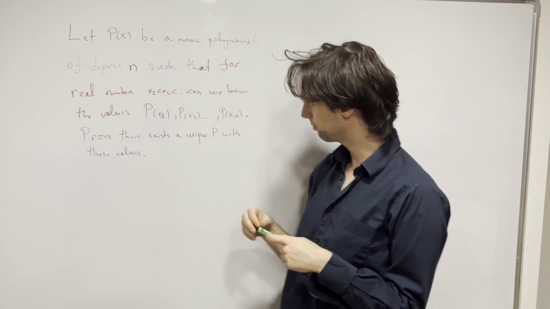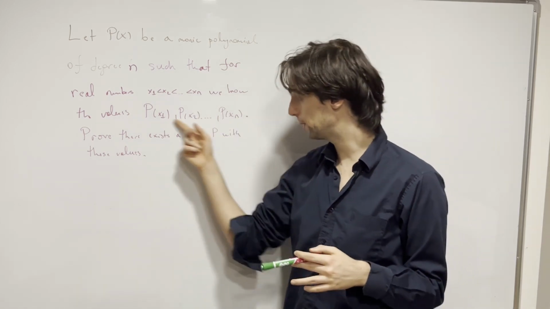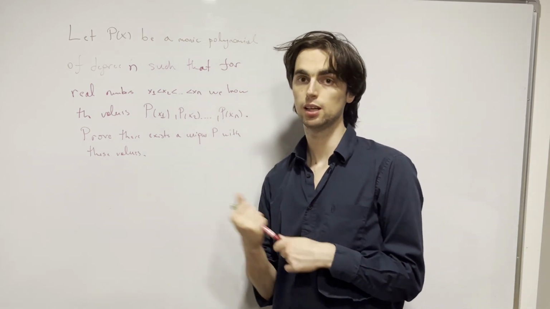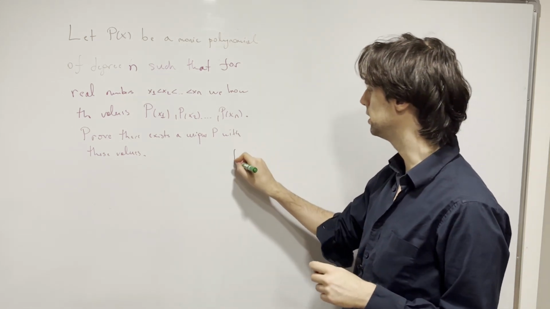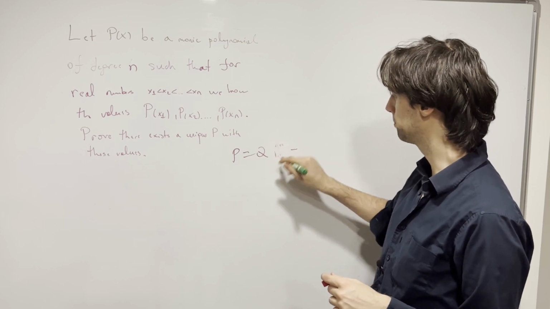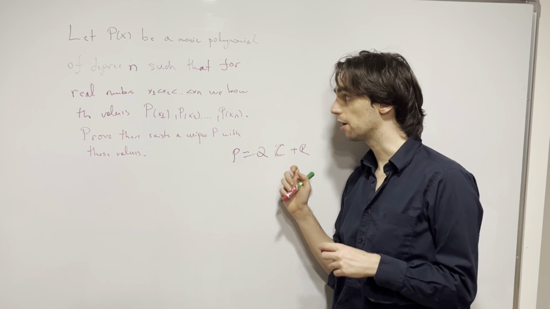So when we have n different values for p, a polynomial of degree n, an idea I was trying was to write p as q times c plus r, for some polynomials q, c, r.